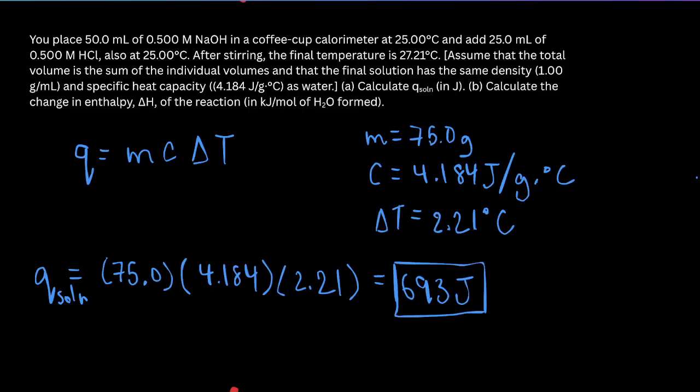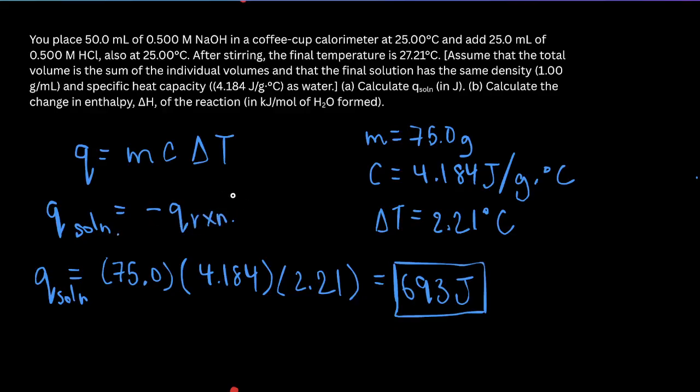It is losing heat to the surroundings. So if we were trying to find our heat of reaction, well, that value would be negative. And so an important relation then comes into play, right? Our heat of solution is going to be equal to negative our heat of reaction.